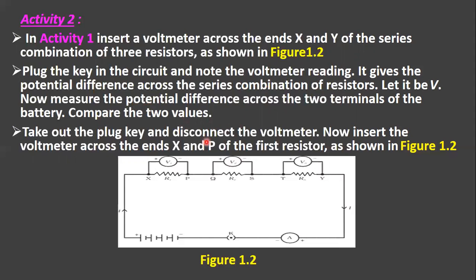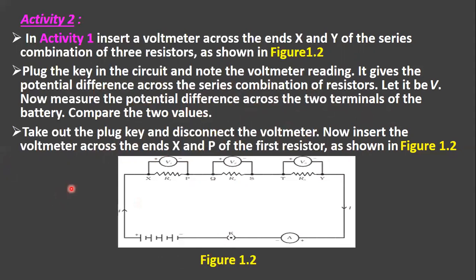Now, when you connect the voltmeter and plug the key, it will show some potential difference here. Now take out the plug key, note the voltmeter reading, and disconnect the voltmeter.